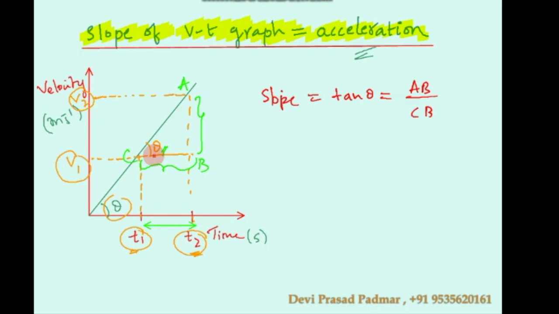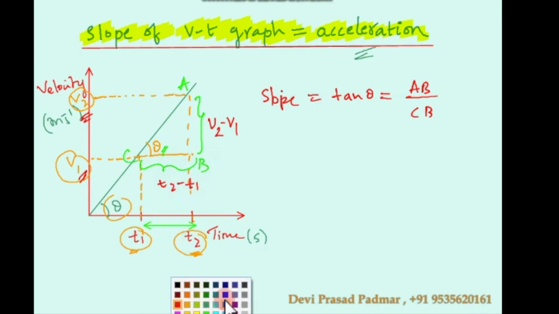AB divided by CB. Now how to get this distance AB? Look at this. This is V2 and this is V1. Therefore we can write this as V2 minus V1, right? And this one, CB, is nothing but T2 minus T1.